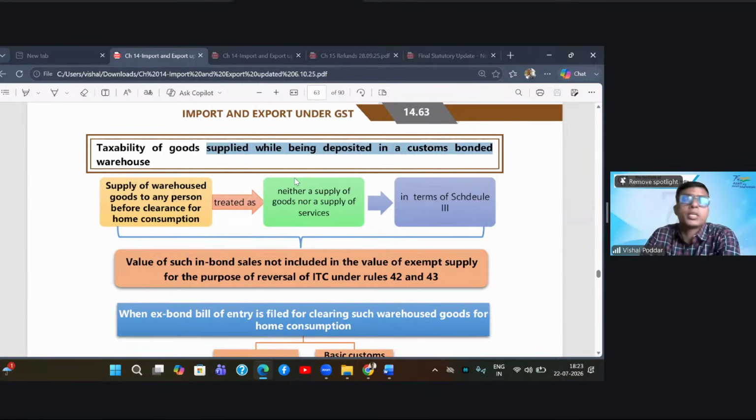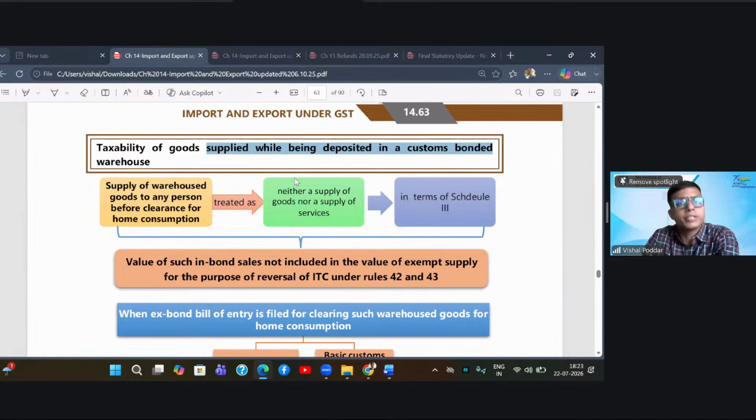Now, while these goods are in the customs bonded warehouse, if at that time you transfer, you sell, you supply these goods to another person, interestingly, in the eyes of the GST law, it is like you are selling goods from one foreign country to another foreign country without the goods being cleared in India.